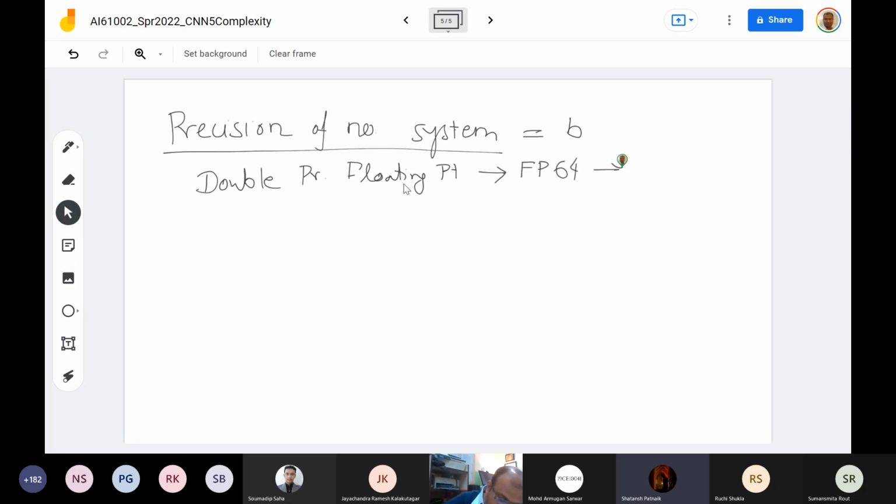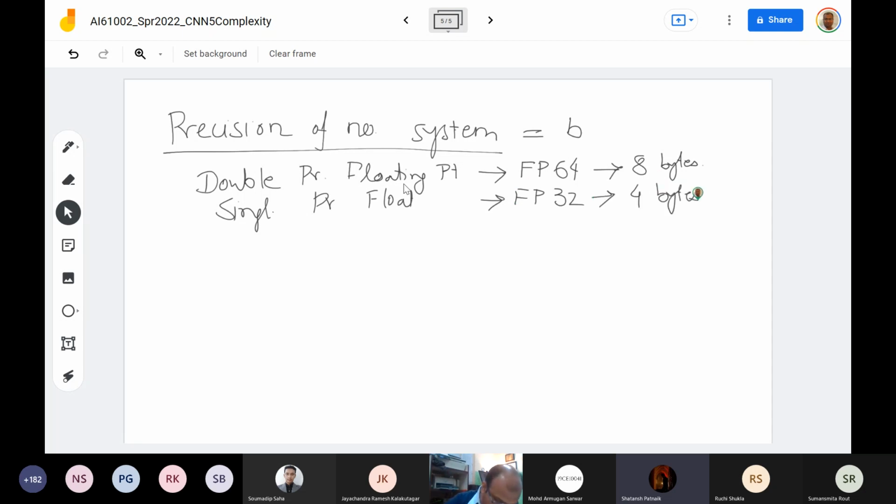So there are 8 bytes, or say single precision floating point, then it's FP32, which is 4 bytes.